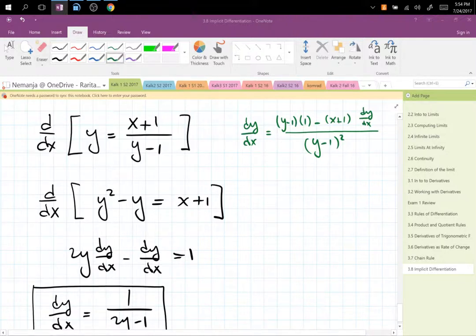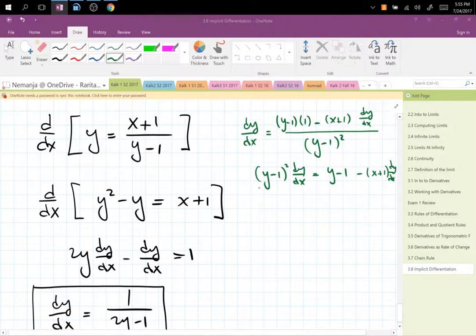Now, in that algebra, you will multiply y minus 1 by dy/dx, and then you have y minus 1 minus, nope. Actually, that's a better answer.